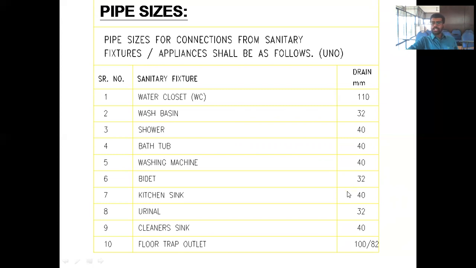For the kitchen sink I usually give 63 mm. Urinal 32. The floor trap outlet is usually 75, we can give 100 also.